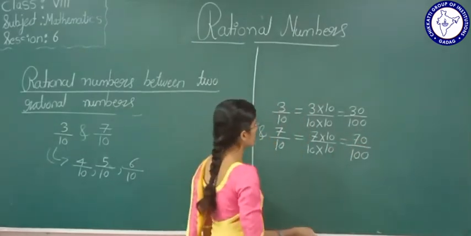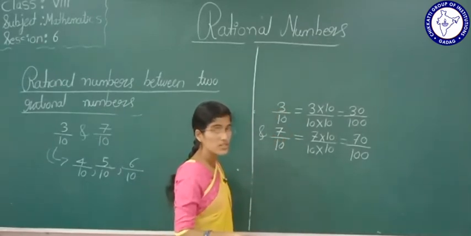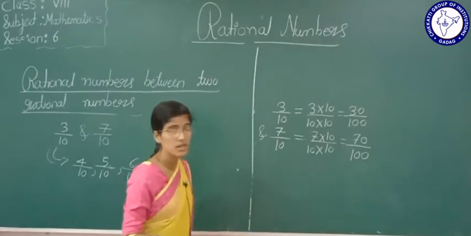Okay, now tell me, between 3 by 10 and 7 by 10 how many rational numbers are there? There are infinite rational numbers.